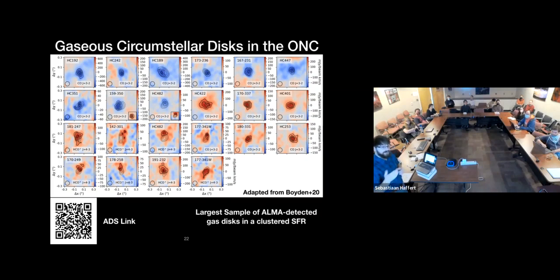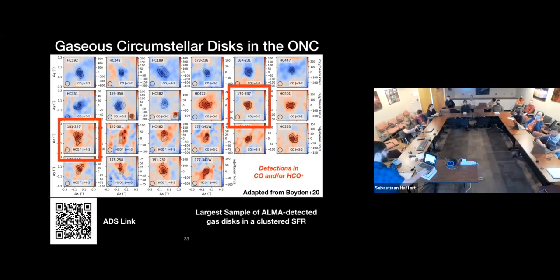And here I'm showing integrated intensity or moment zero maps of the detected gas disks in my sample, where these black contours show ALMA detected molecular line emission, and where the lighter gray contours show ALMA dust continuum emission at around 350 gigahertz.